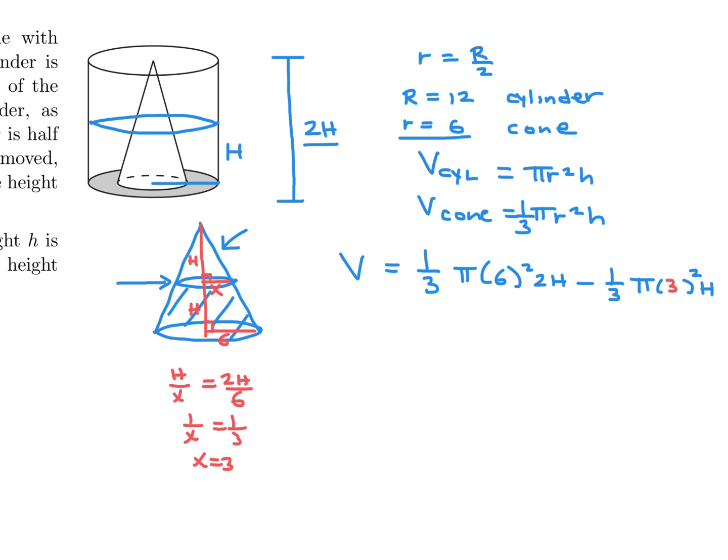Okay, so if I crunch out these numbers, let's see here, 36 divided by 3 is 12. 12 times 2 is 24. So 24 pi h. And then this one looks like 3 pi h. So therefore 21 pi h is the volume of that bottom part.